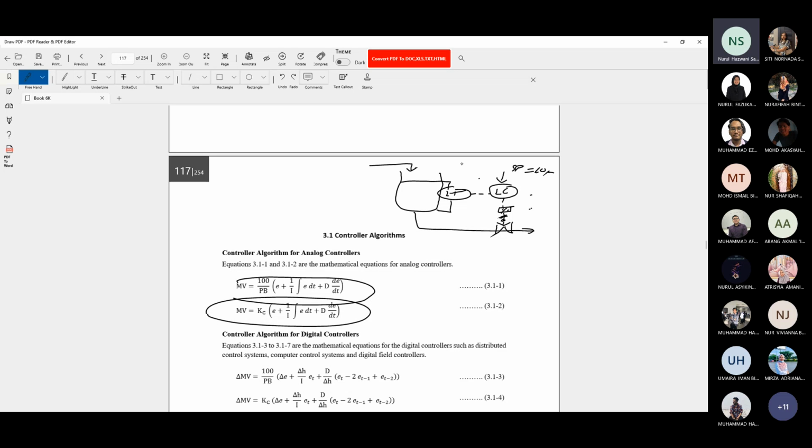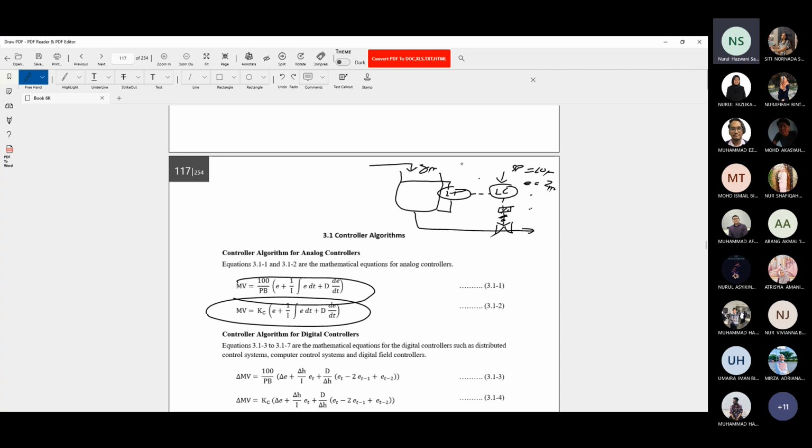Right now your level transmitter reads that the level inside the tank is 8 meter. This 8 meter and 10 meter, we need to calculate the error. The level transmitter will send 8 meter, then the level controller will read the set point of 10 meter. The level controller will do a comparison and calculate the error. So the error would be 10 meter minus 8 meter, which is 2 meter.